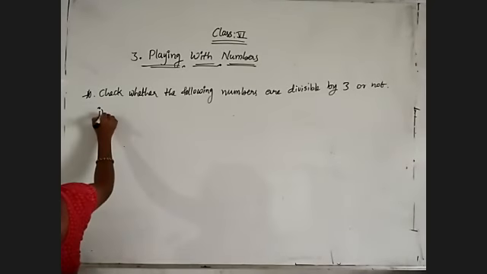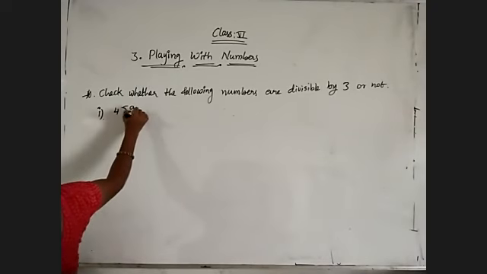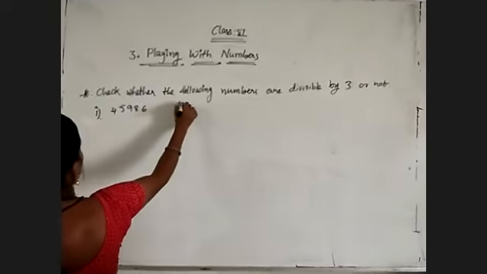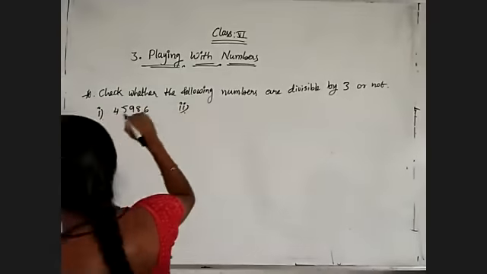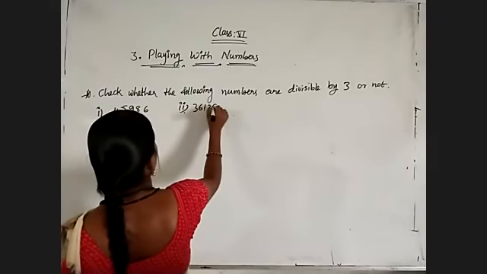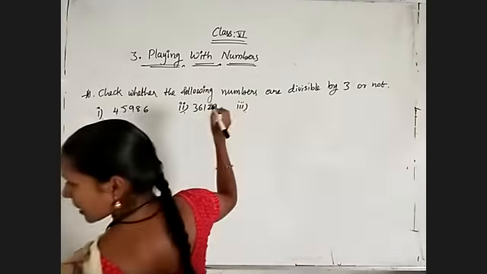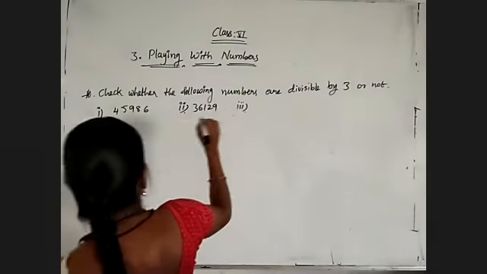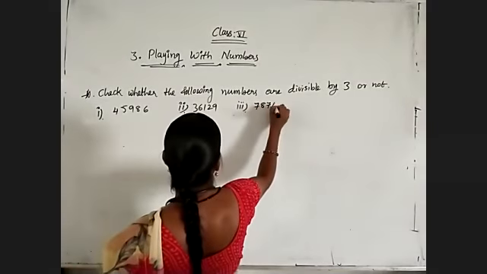So first question, 45,986. Second question is 36,129. And third question is 7,874.